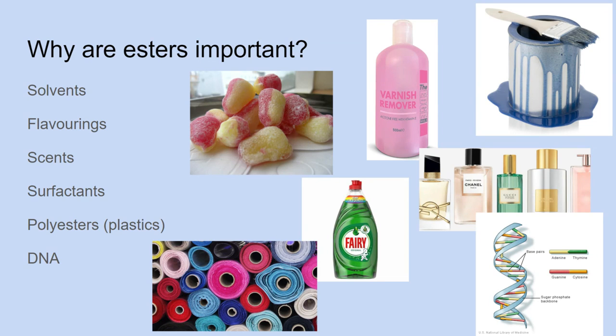They contain an artificially made ester that tastes and smells like pear drops. You can have other esters that smell like lemon, like orange, like raspberries, and you can make all of those in a lab. Doesn't mean they're dangerous, but it does mean they're artificially made. Some of them smell really nice, so they're used in perfumes a lot of the time.